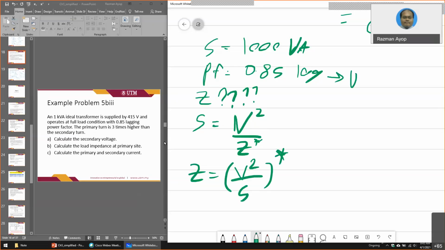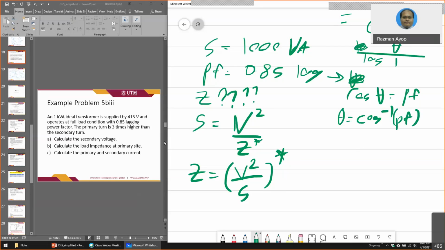From this, remember cos theta equals PF. PF already given, so theta equals cos inverse PF. And remember lagging, when it comes to theta, lag positive, lead negative.